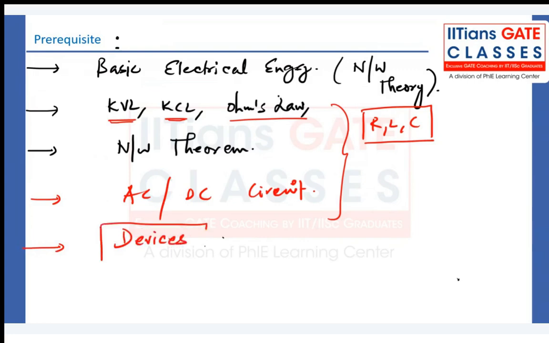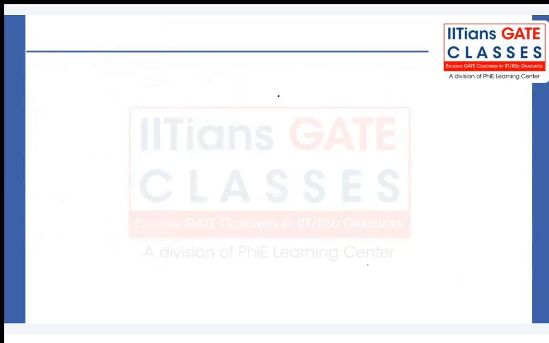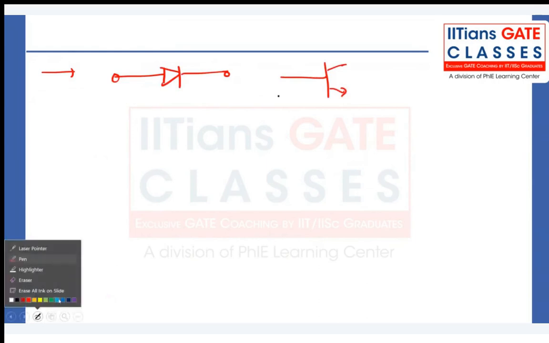Electronic devices. Though you need not know about devices, you only need to understand their symbols. So all the symbols you should be familiar with. If I ask you what is this, this is a two terminal device.